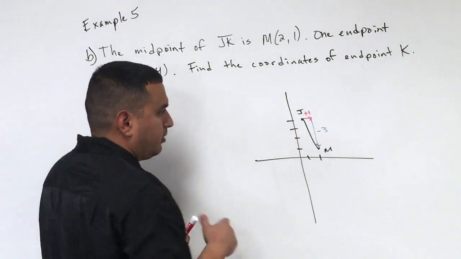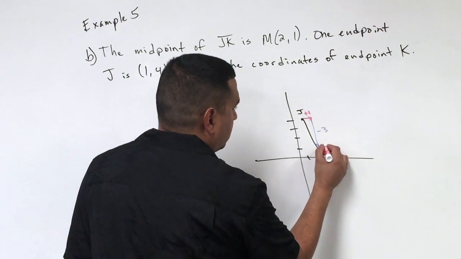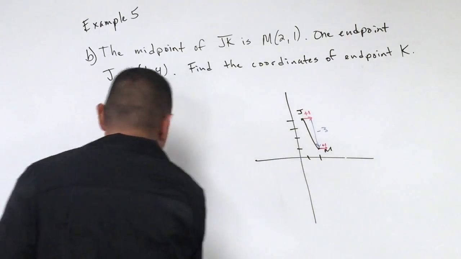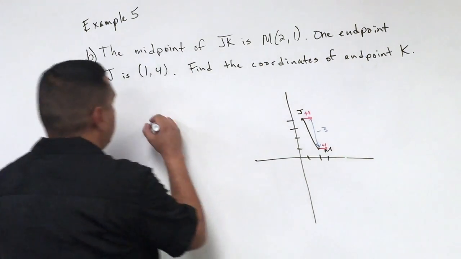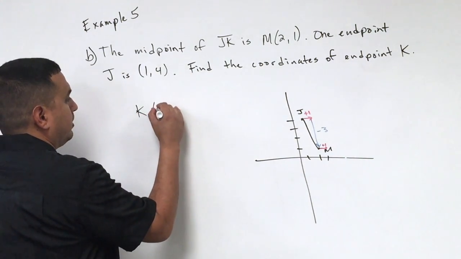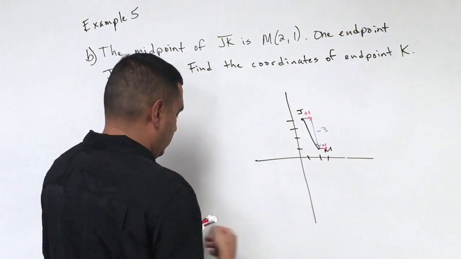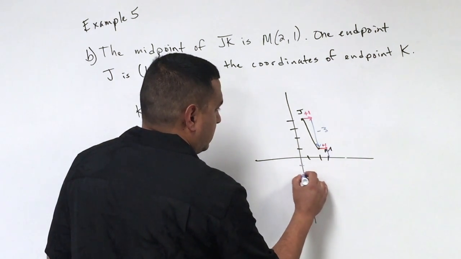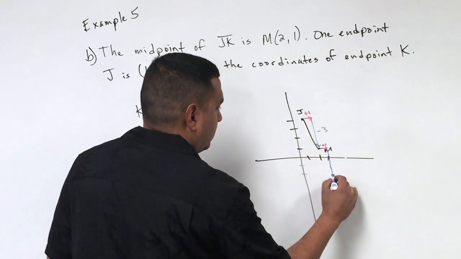Well, I went right 1, so I'm going to have to go right 1. So that's going to put me here at 3. So I know for K I'm going to be at 3. Then I have to go down 3 units. So I'm going to go down 1, 2, 3. That puts me right here. That should be K.